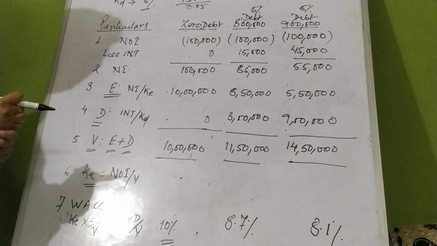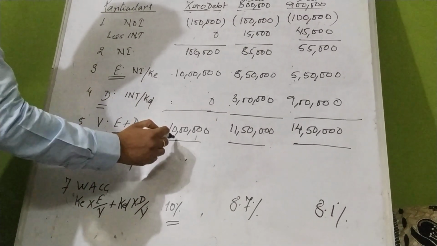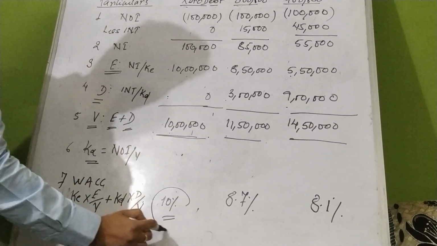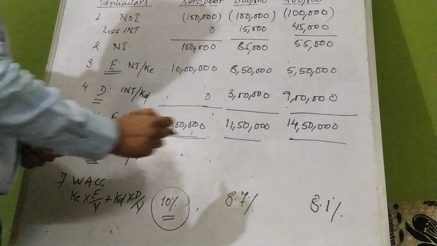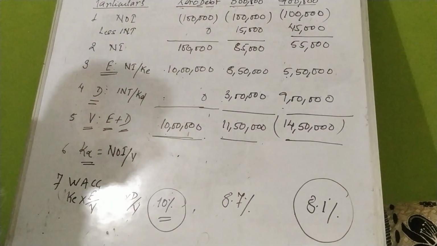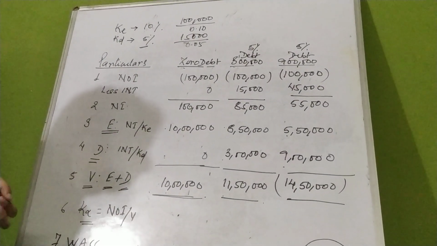There is one more important thing that needs to be noticed here. When the value of firm is less, the cost of capital is always high. But when the value of firm is high, the cost of capital is always less. So this is one of the important attributes of a good firm.